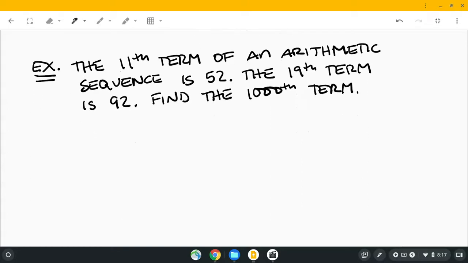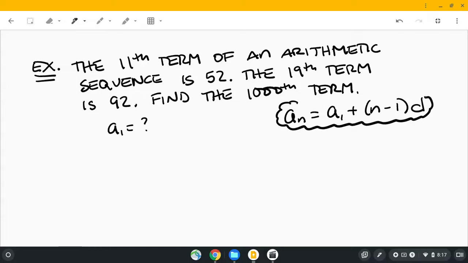All right, so let's see what we got here. A1, we don't know, right? We know that this formula allows us to find the nth term, which means we can find any term using it. But in order to come up with this formula, we need 2 things.